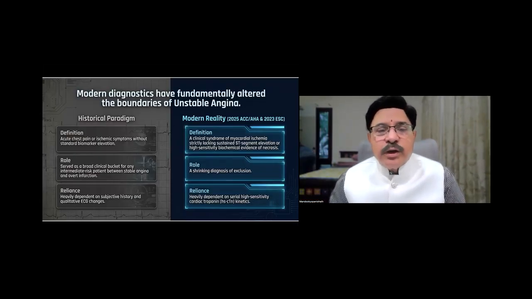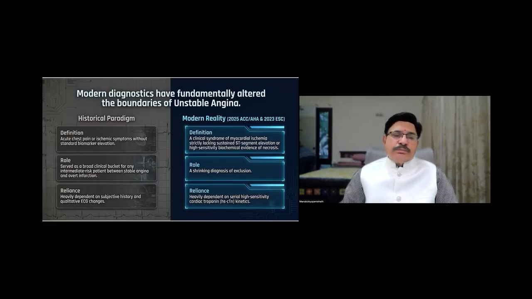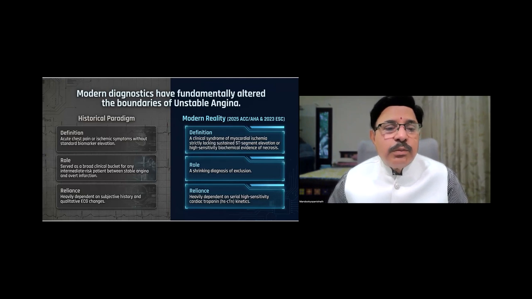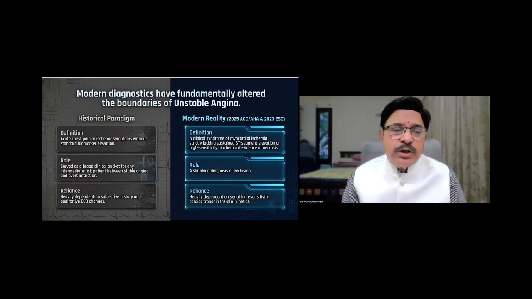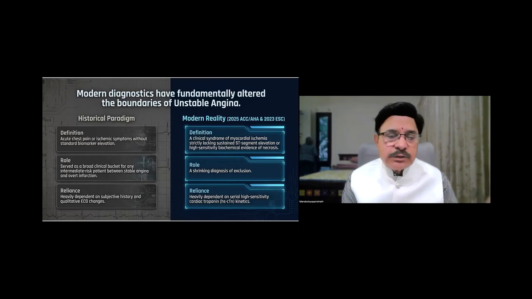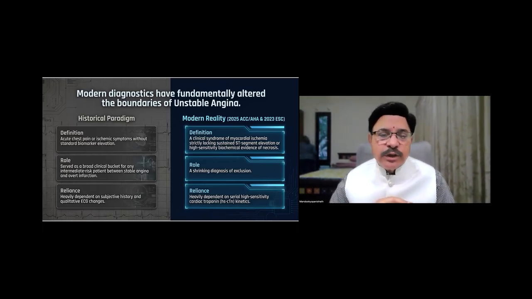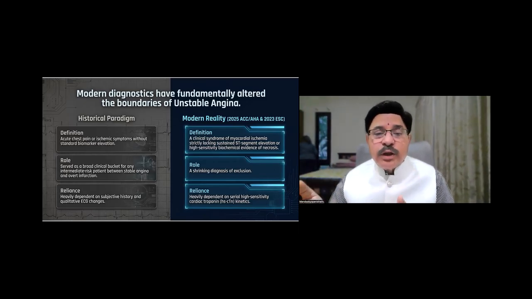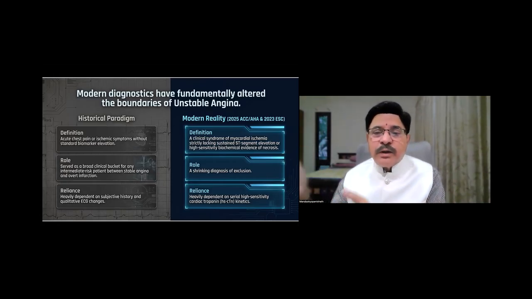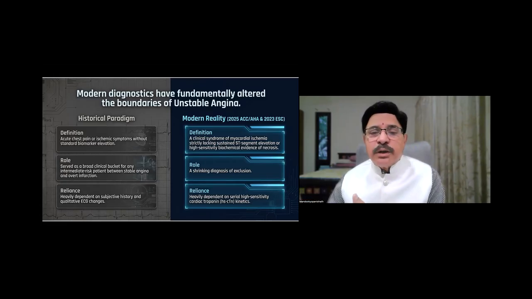We used to call it unstable angina because there were no biomarkers in those days and we were not able to classify them. It was heavily dependent upon the subjective history of the patient and the ECG changes. Suppose somebody has got symptoms, ECG is not showing any changes, there is no way to say whether it is unstable angina or STEMI or non-ST segment elevation because of the absence of biomarkers.